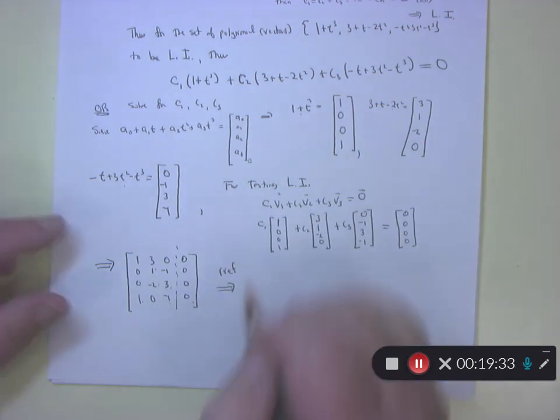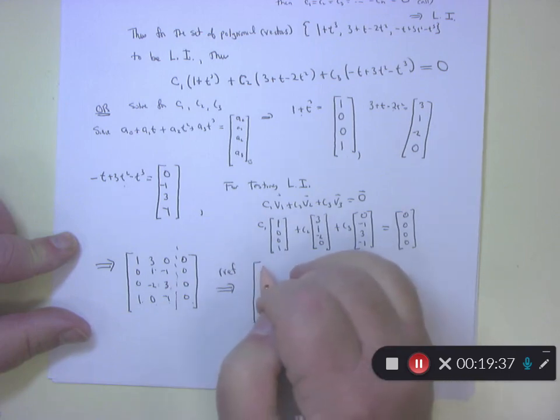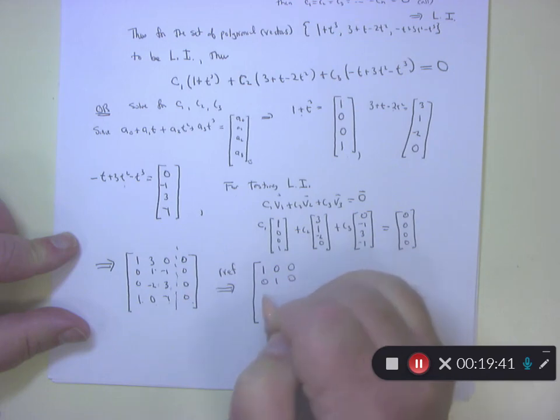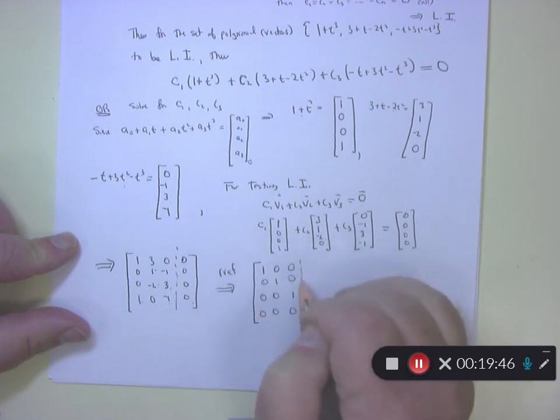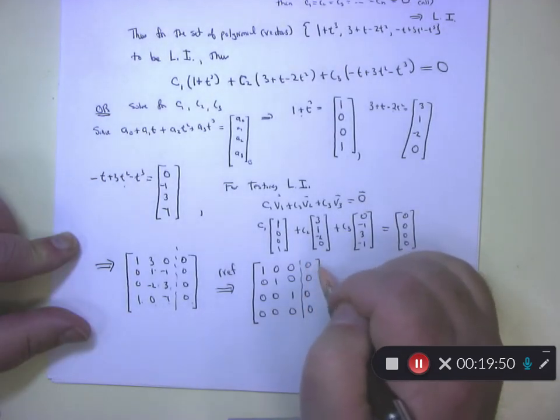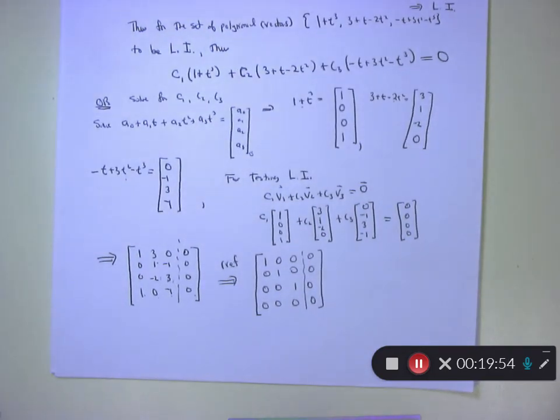Well, I'm going to save some time on this one, because this is more of a theoretical kind of question. So when I go RREF, I get 1, 0, 0, 0, 1, 0, 0, 0, 1, 0, 0, 0, augmented with 0, 0, 0, 0. This is what you get when you do the reduced row echelon form.